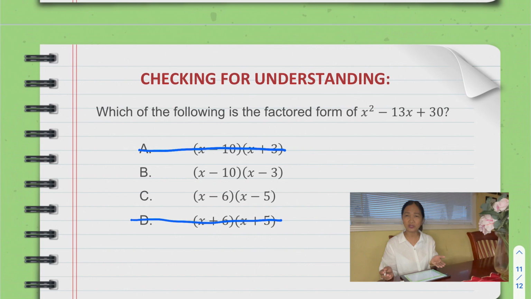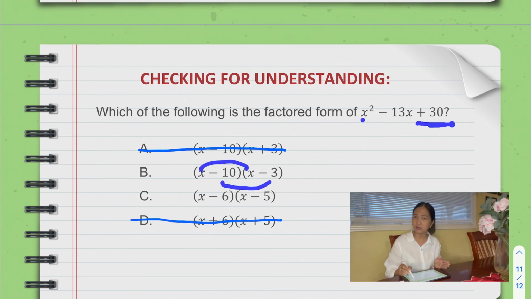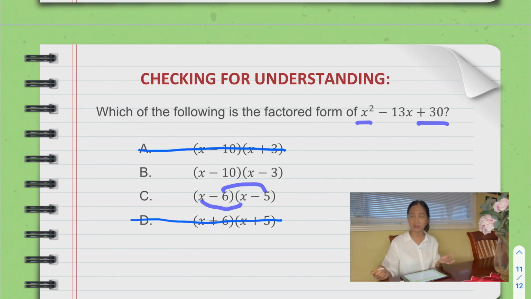So therefore, which of B and C is right? Because when I do x times x, I get x squared. Negative 10 times negative 3, I also get a positive 30, right? But if I do x times x is x squared, negative 6 and negative 5 is also positive 30. So what do we do again? You add the products of your outer and your inner terms.